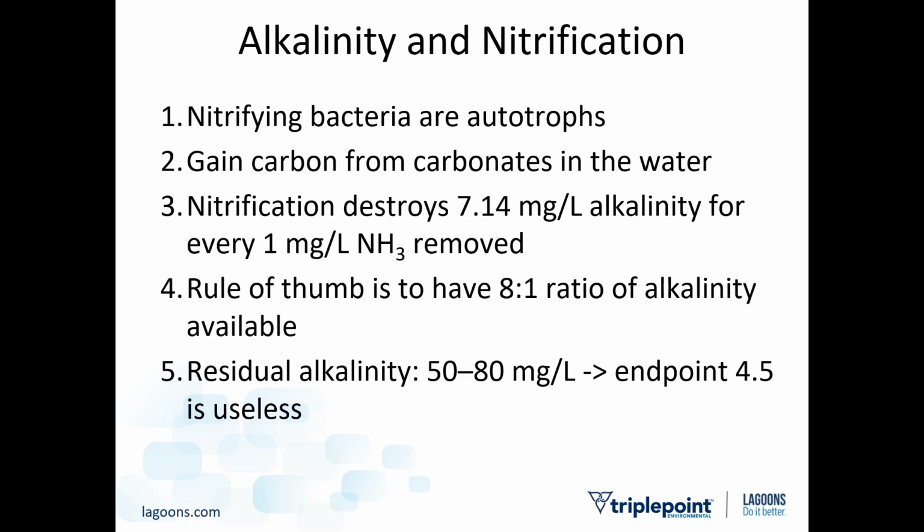Nitrifying bacteria die below about a 6.7 pH. So they can't get down to 1 or 2 milligrams per liter of alkalinity. You need to have 50 to 80 milligrams per liter of alkalinity left in the water to act as a pH buffer, to make sure there's enough alkalinity for those nitrifying bacteria to grow and to be happy at their pH range.